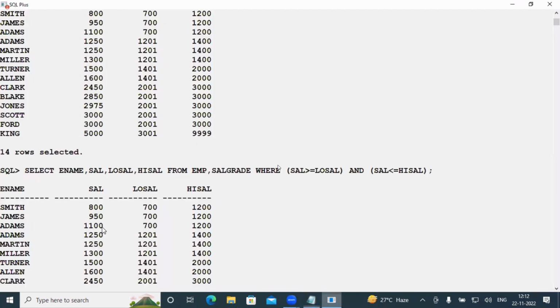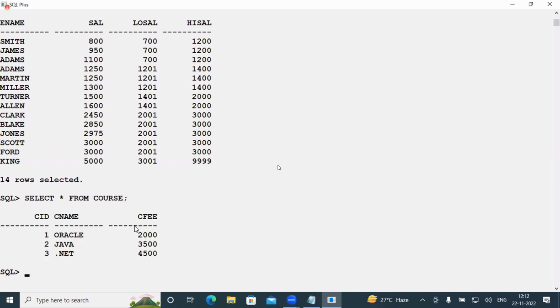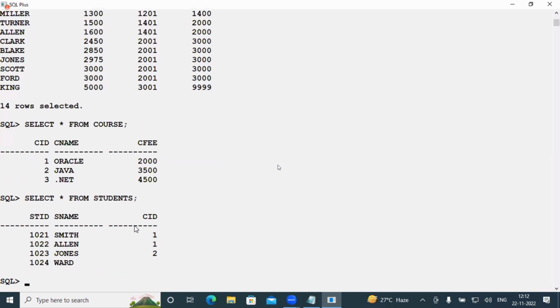Let me come out and see carefully. SELECT star FROM course and SELECT star FROM student. These are 2 things. Now I'm using a left outer join on these 2 tables. Follow it here. SELECT star FROM students LEFT OUTER JOIN course.